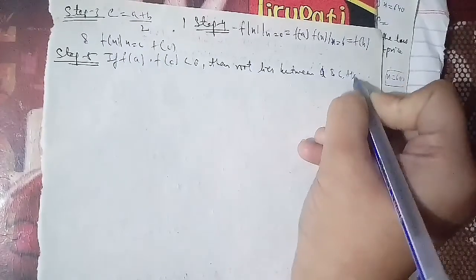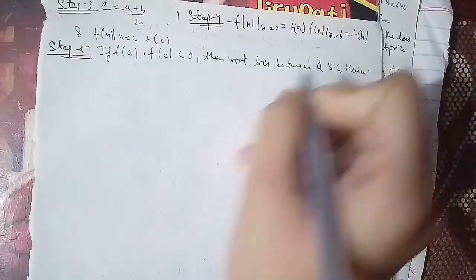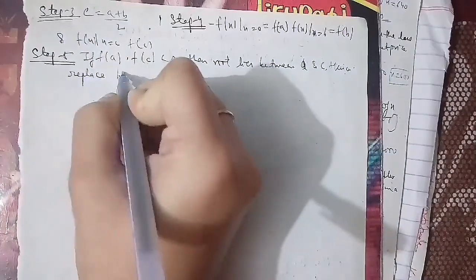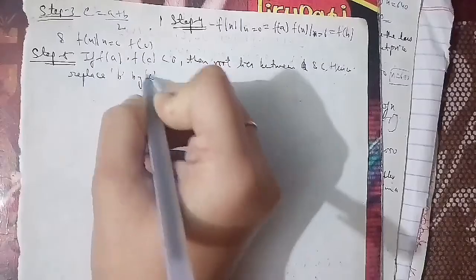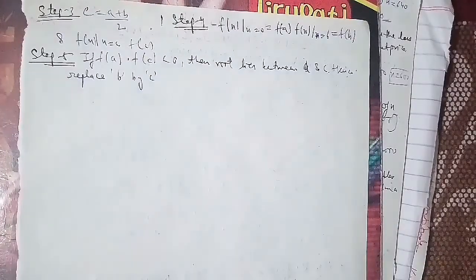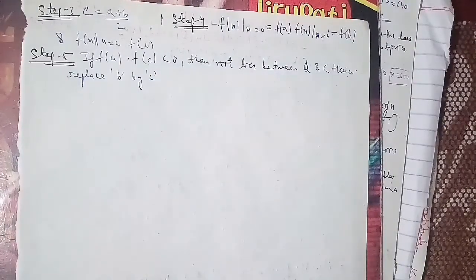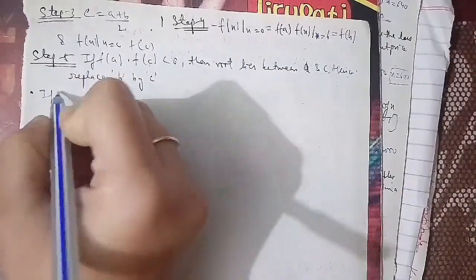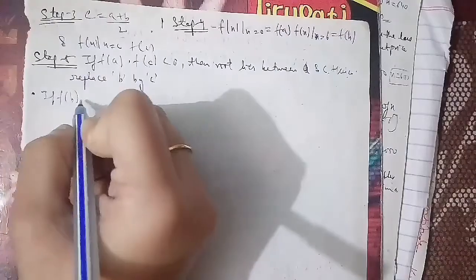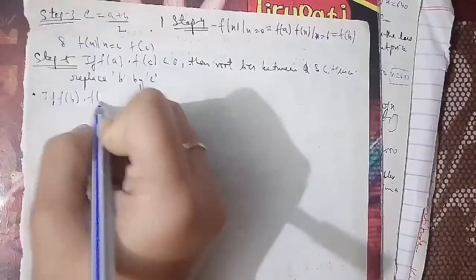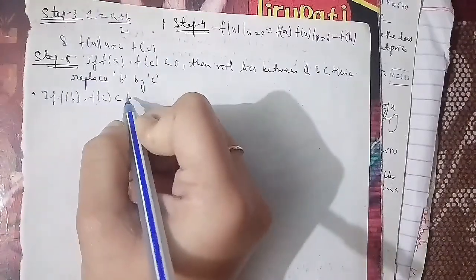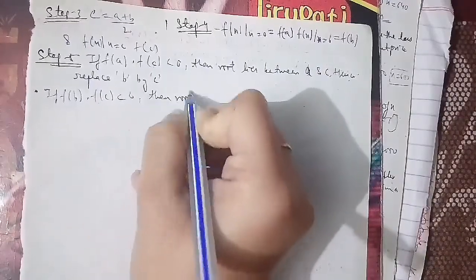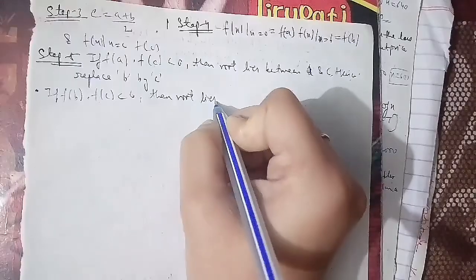Okay, but we have another condition for step 5 as well, that is if f of b times f of c is less than 0, then root lies between b and c, hence replace a by c. Okay, that we have here.